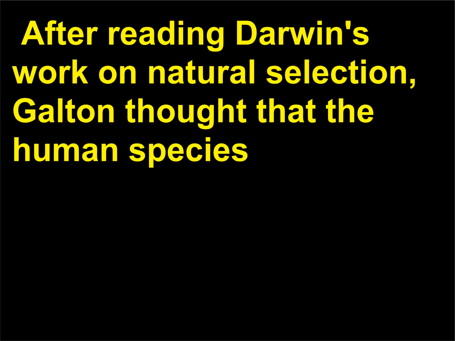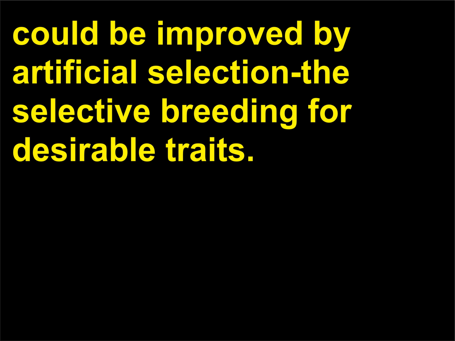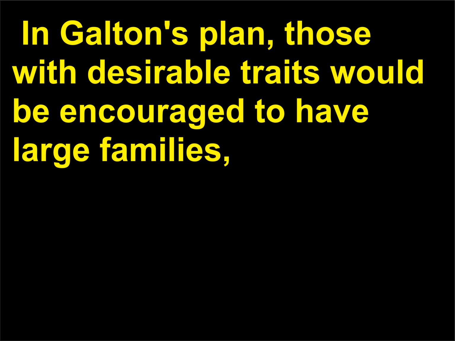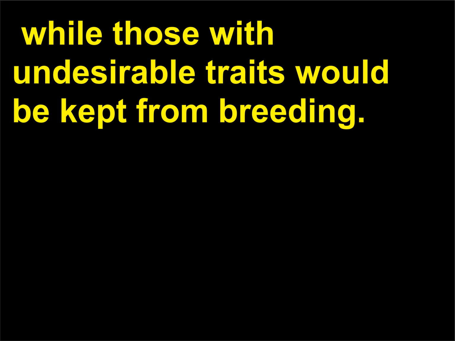After reading Darwin's work on natural selection, Galton thought that the human species could be improved by artificial selection, the selective breeding for desirable traits. This method is often used in domesticated animals. In Galton's plan, those with desirable traits would be encouraged to have large families, while those with undesirable traits would be kept from breeding.